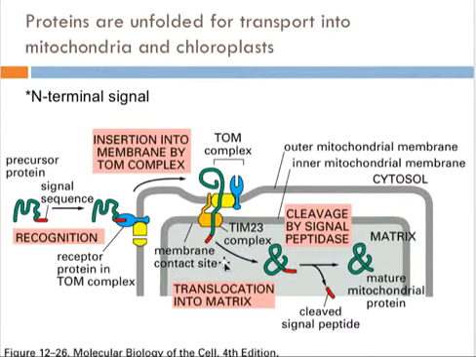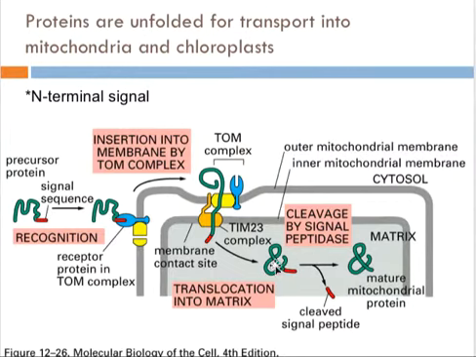In order to do that, we have a complex in the outer membrane, a complex in the inner membrane. They come together, and that allows the protein to move through into the matrix.